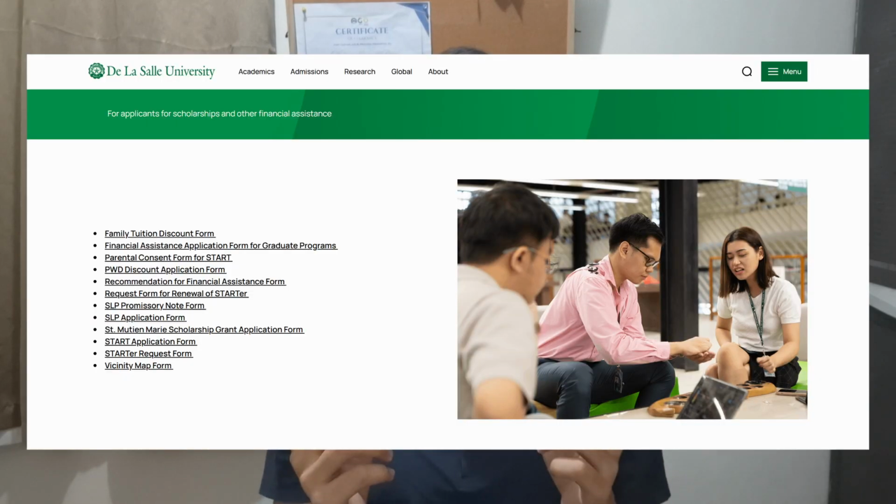I believe ROTC also provides a tuition grant if you select ROTC and join as a cadet officer, if I am not mistaken, in your freshman year. The full list of scholarships can be visited in the DLSU site, which I'll post in the description below.